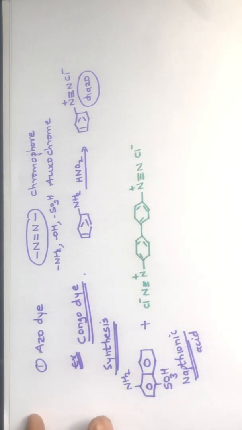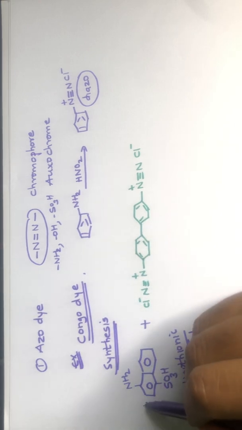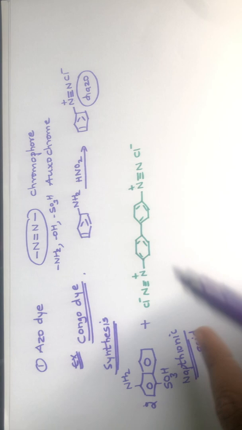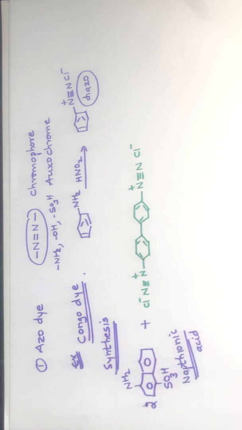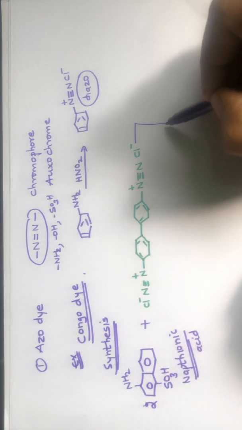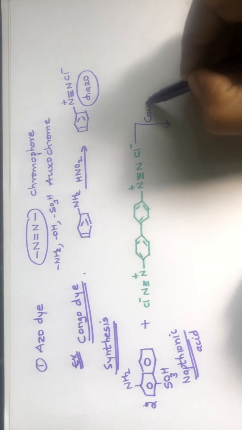When this molecule is treated with naphthenic acid, two molecules of naphthenic acid get coupled. Coupled means they just combine, resulting in the formation of a compound, that is Congo red dye. You carry out the coupling reaction.